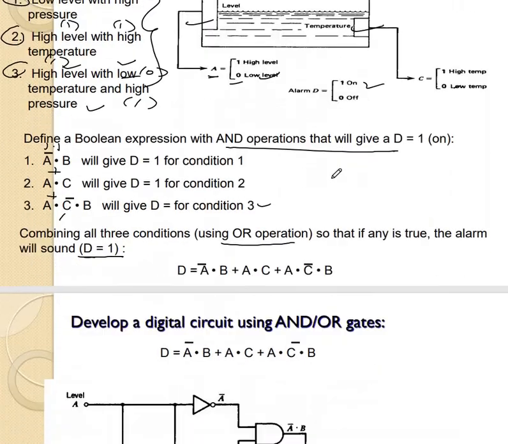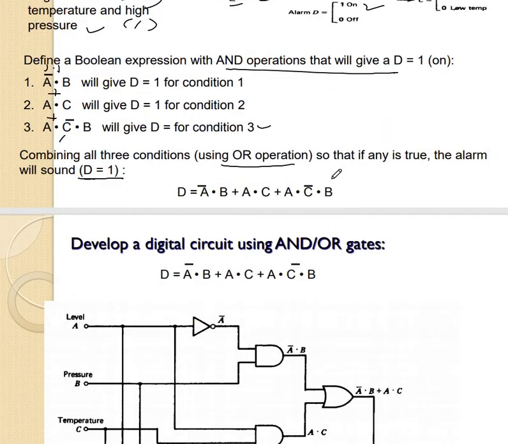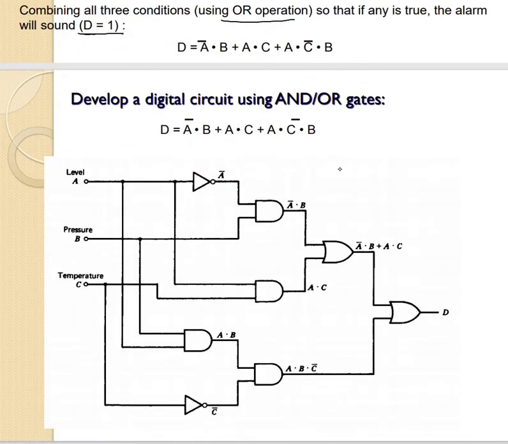Okay, now I will show how to develop a digital circuit from this Boolean expression. Basically we have three variables, which are level, pressure and temperature.